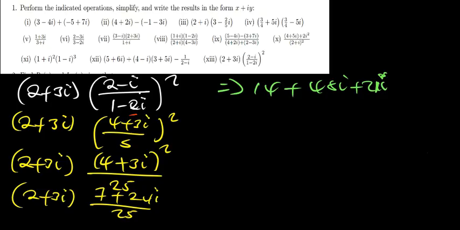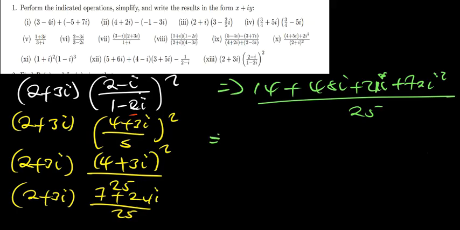Then 3 times 24i, that should be 72i squared. I divide this by 25 down here.